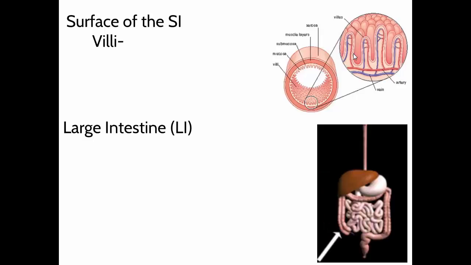From there, food moves into our small intestine. Now, the inside of the small intestine is not just a smooth tube. It's not like a hose inside. It actually has all of these bumps, all of these ridges. They're called villi. They're like tiny fingers poking up from the lining of the small intestine.